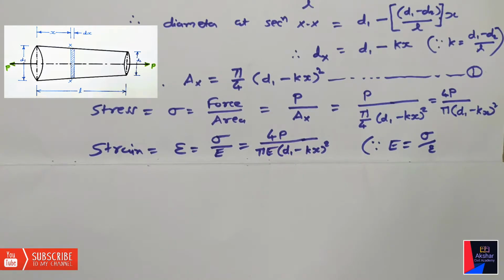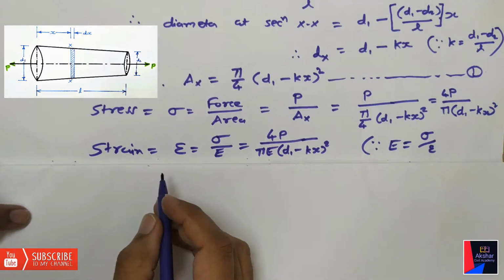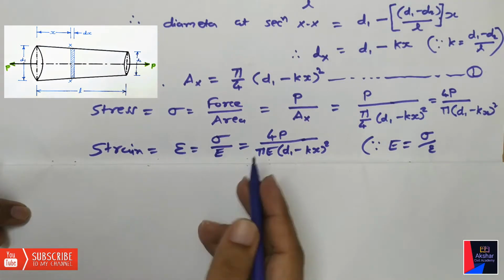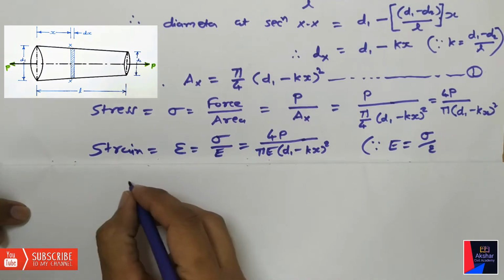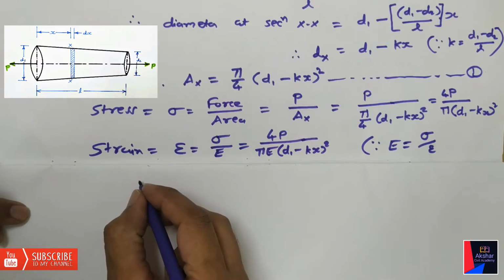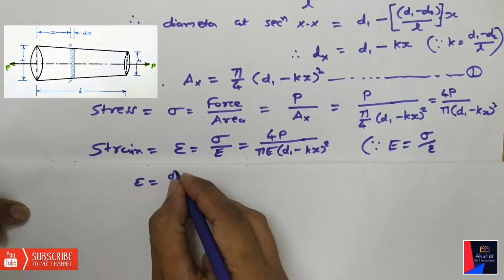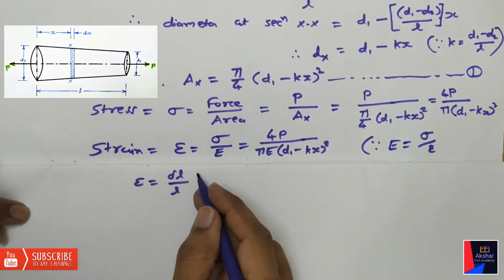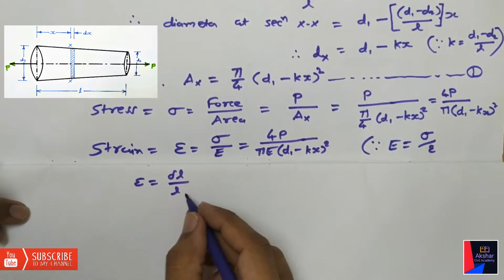We know that the elongation of the bar, or elongation of this elementary strip, can be written as follows. We know that strain is equal to del L upon L, the change in length upon original length.